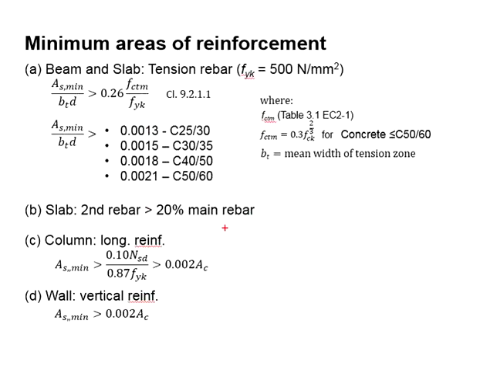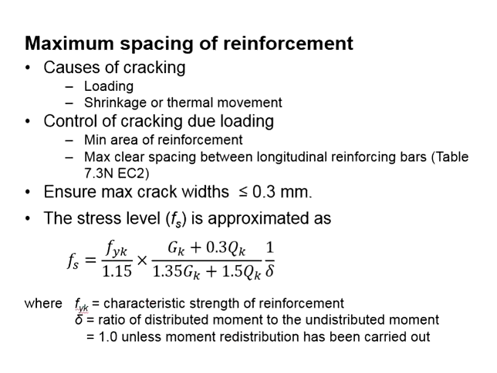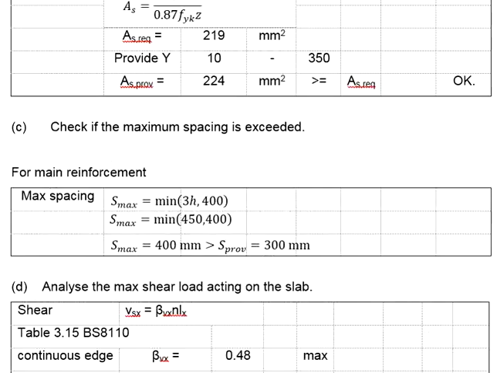With that, you can simply adopt 20% of the main bar as the secondary rebar for the slab. This settles the cracking control due to the minimum bar areas. The calculation step is not demonstrated here, as this example is meant for revisions for final exam.